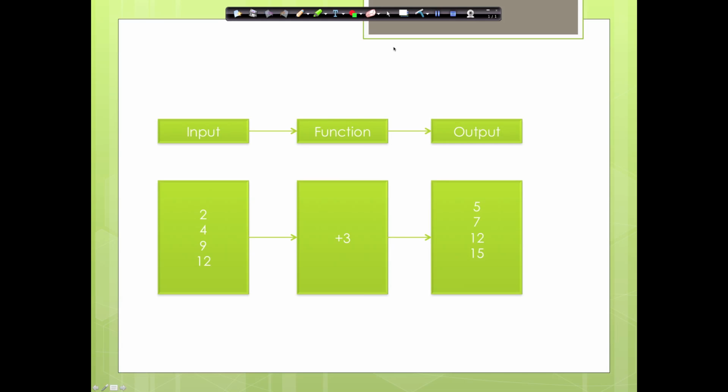So when you have your function machine, if you're given the output, I can go backwards, minus the 3, and I get my input to be 12.